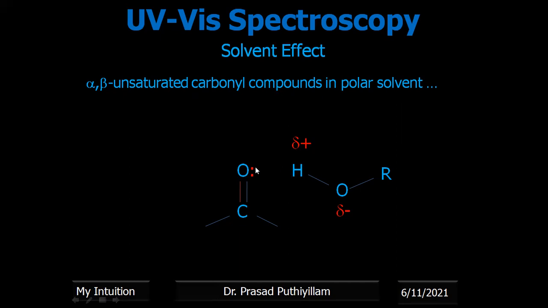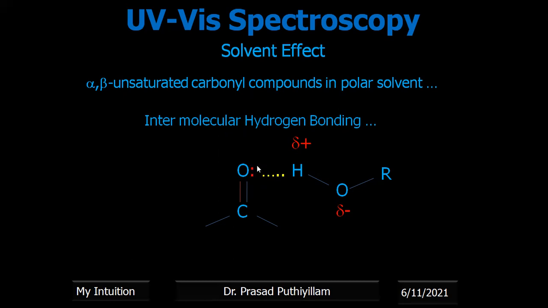Therefore, these two can form an interaction between hydrogen and a more electronegative atom of another compound, between two molecules. We call this bonding intermolecular hydrogen bonding. Intermolecular means between two molecules; intra means within the molecule. Therefore, the lone pair of electrons as well as the hydrogen of the alcohol functional group can form some type of attractive force.